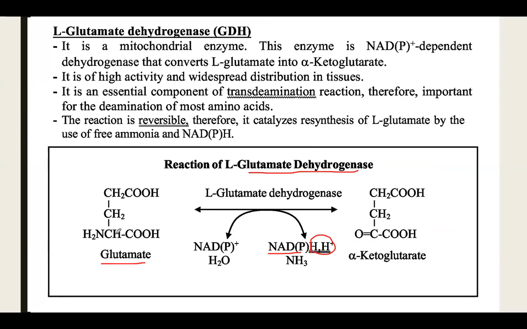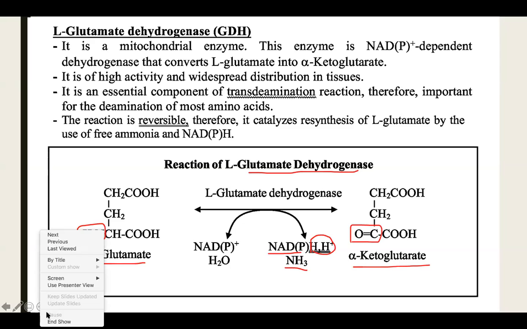Another step is the removal of the amino group. The amino group comes out in the form of ammonia. It is replaced immediately by a ketone. So glutamic acid is converted to alpha ketoglutaric acid. So I have oxidation, removal of hydrogen, and deamination, removal of ammonia.